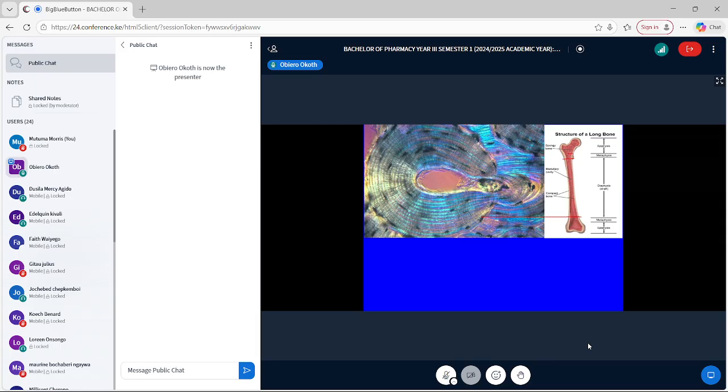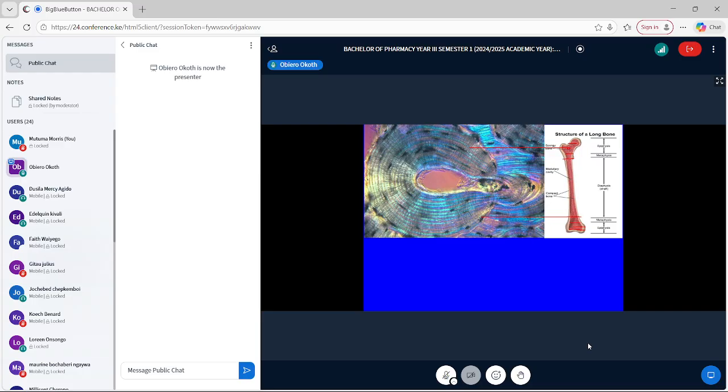Near the epiphysis is where the growth occurs. The growth plate is around there in the epiphysis. The border between epiphysis and diaphysis is normally called the metaphysis.